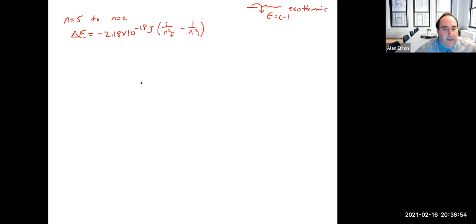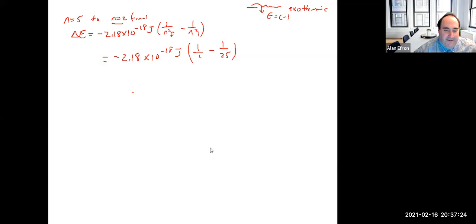So that would get us minus 2.18 times 10 to the minus 18 joules, times 1 over our final, which is 2. That is our final, right? So 1 over 2 squared is 4, minus 1 over our initial, which is 5 squared, which is 25.